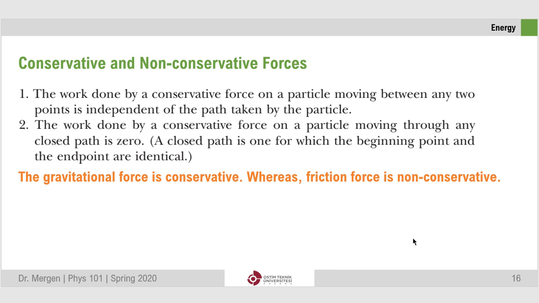Think of that book example in the two previous slides. Let's say we raise the book to a higher point, then we lower the book to the same point at which the book was initially. The total work done by the gravitational force will be zero, because between the final and the initial states, there are no changes in the height of the book.